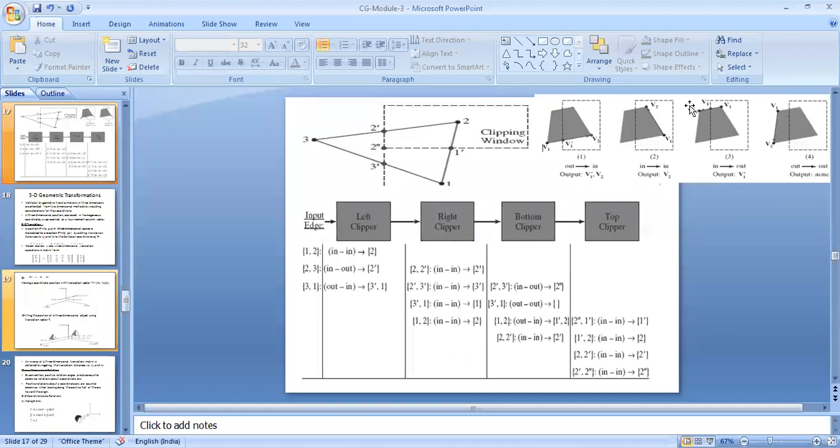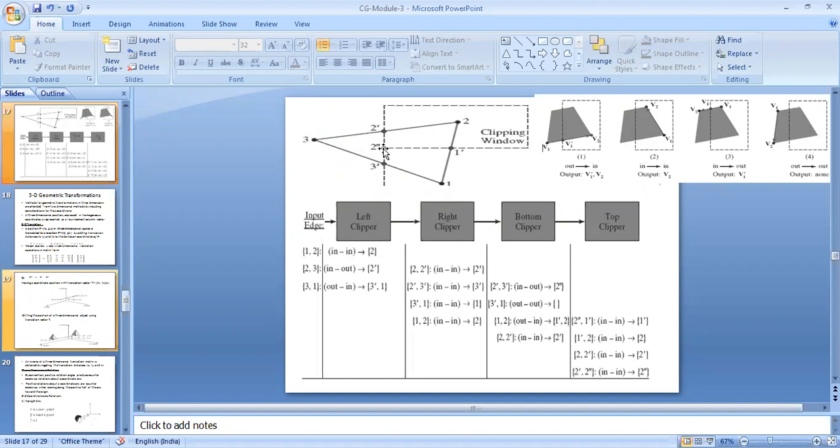Now keeping these four points in mind, let us first check towards the left clipper, so I will check if there is anything towards the left side of my clipping window. This is my clipping window. Left side of my clipping window is this.